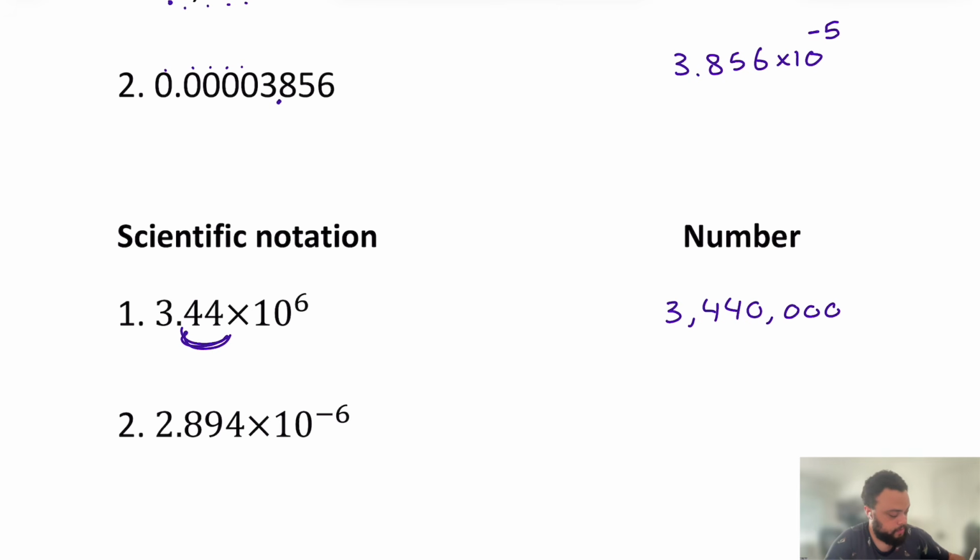Over here we'll do the same thing, but now we're going to the left. That's going to be 0.000002894, so 5 zeros, and then the sixth one right there, then 2894, like that. Okay, I'll see you in the next video.